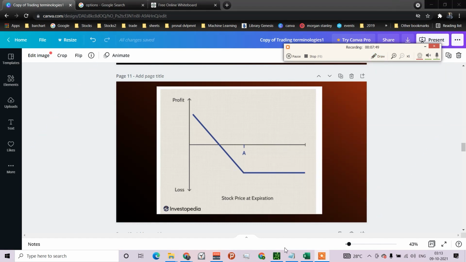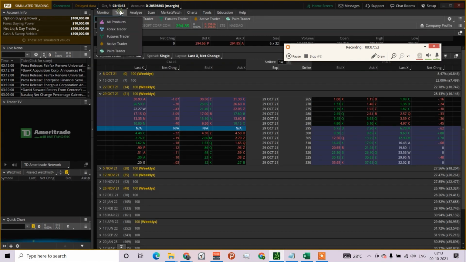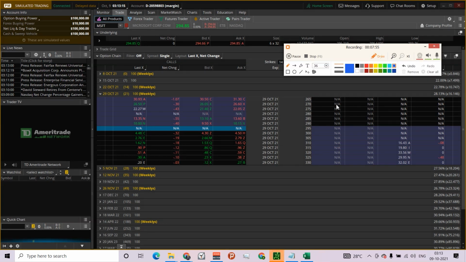So I can tell you how to buy that in the Thinkorswim platform. As you can see here, where are the put options? Put options are here, on the right side. What we need to buy is out of the money. What is out of the money here for the put options? That is below 295, or you can take at the money also, that is at 295, or you can trade at 290.